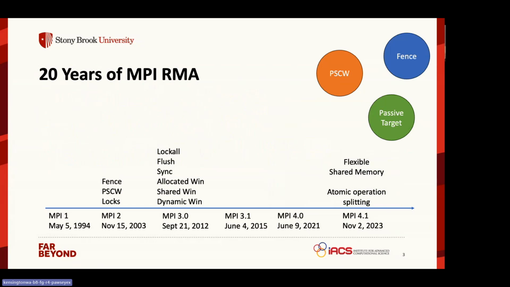Many people have heard of MPI RMA as something in chapter 12 that you never get to read when you look at the standard. It actually has a long history, right? Nine years after MPI 1, MPI RMA was added to the standard. That was 21 years ago, so quite a while. We started with FENS, PSCW, and locks.